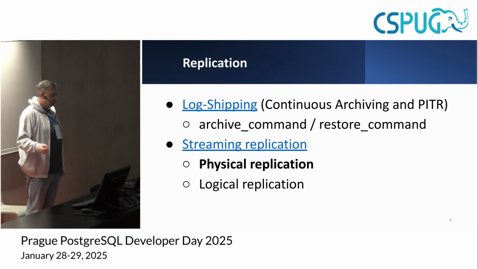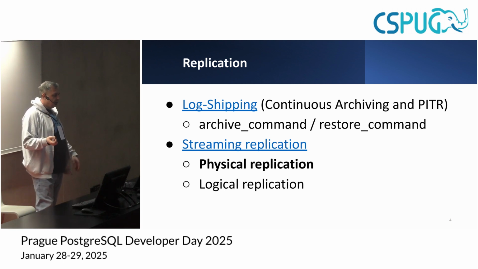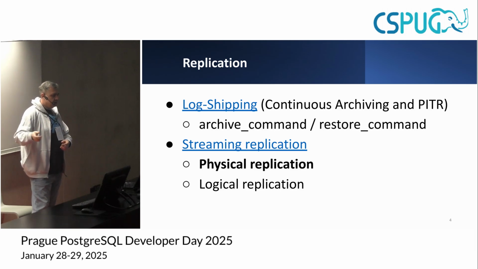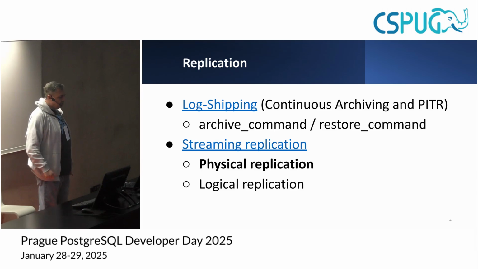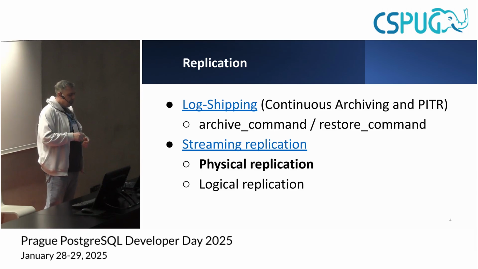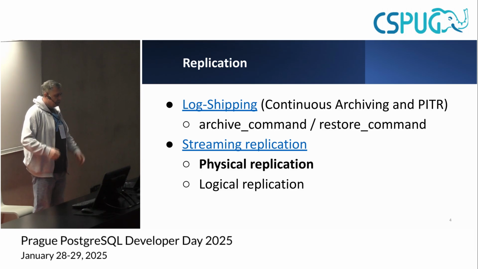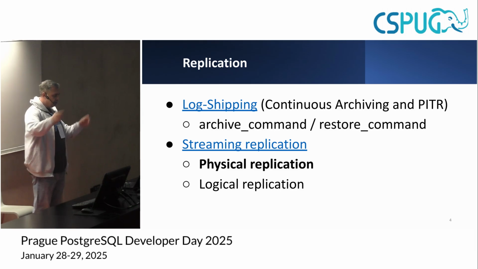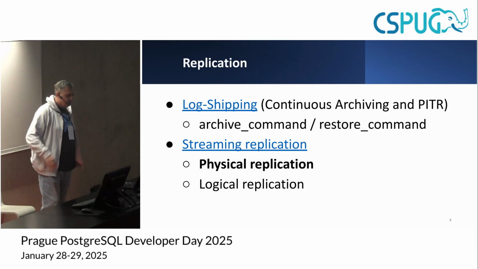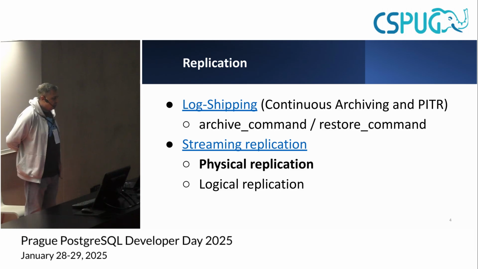In case a standby node needs this file, it will call restore_command, again specifying the file name which I need to restore. The restore command should extract this file from the safe place and write it to the proper location which Postgres is asking for.